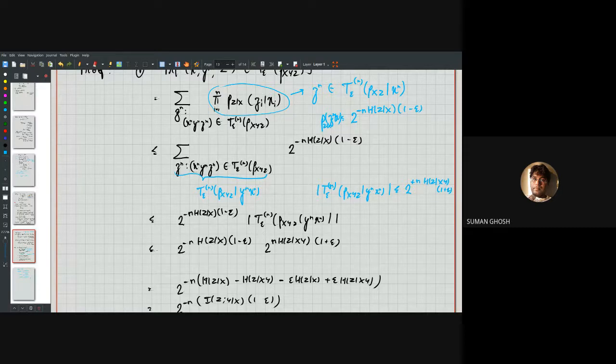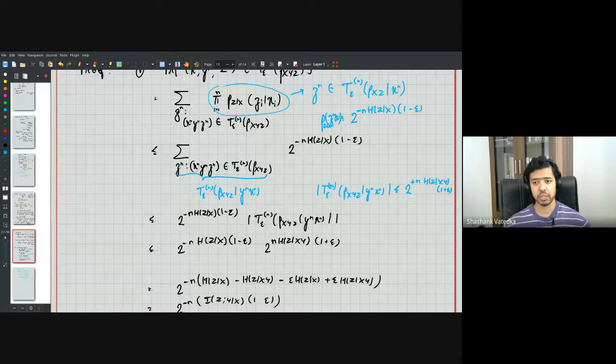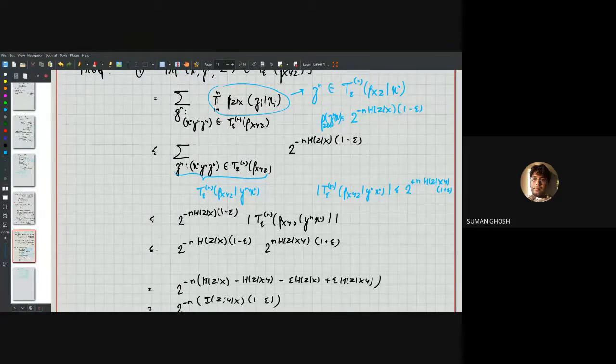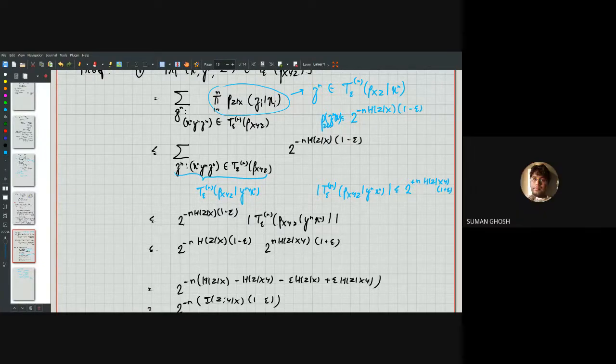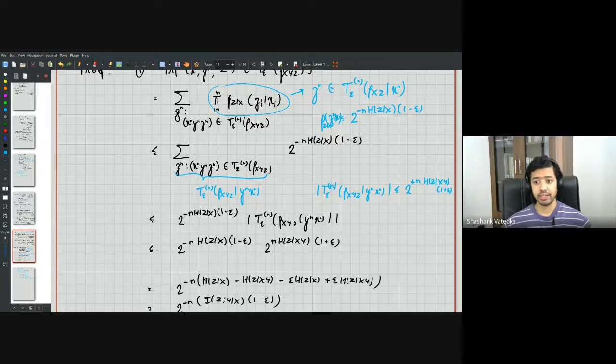So you're fixing a particular x and y upfront. You fix any x and y, and you want to know what is the probability that xn, yn, and zn are all jointly typical. I'm drawing zn independently of yn.